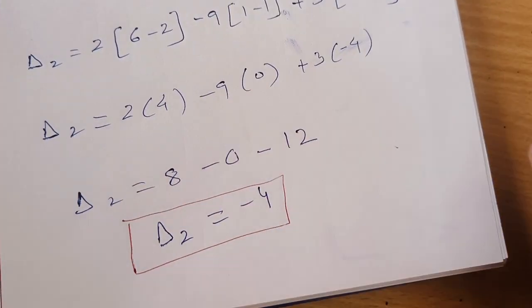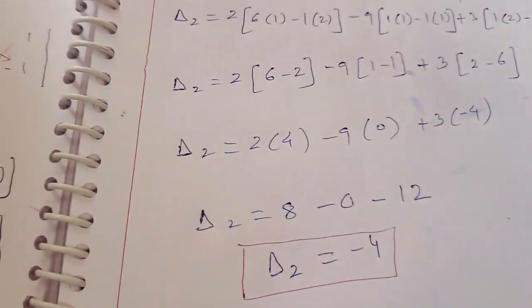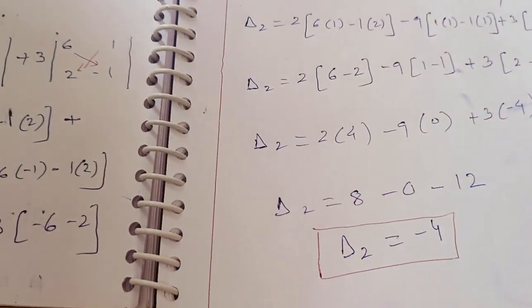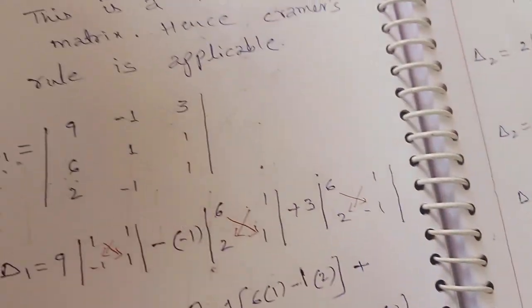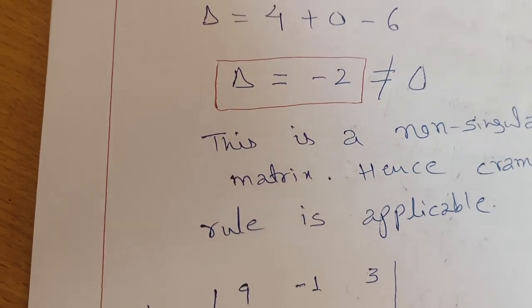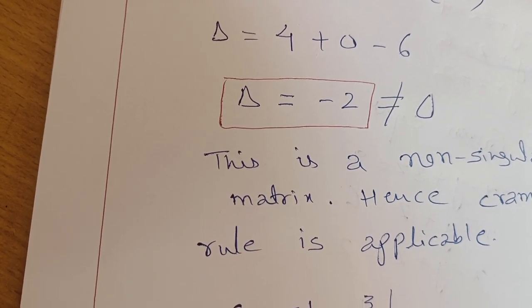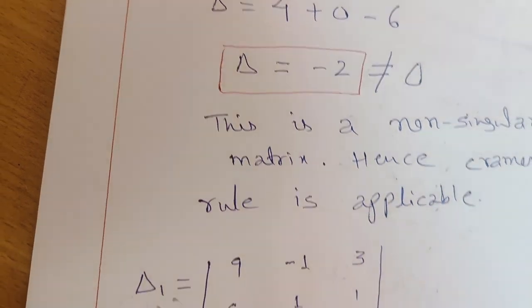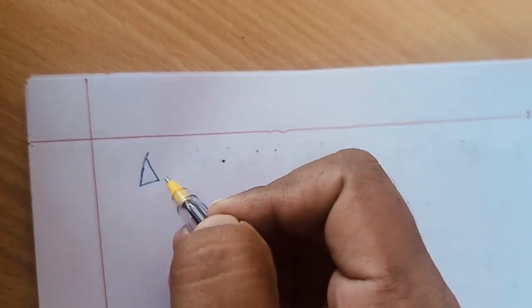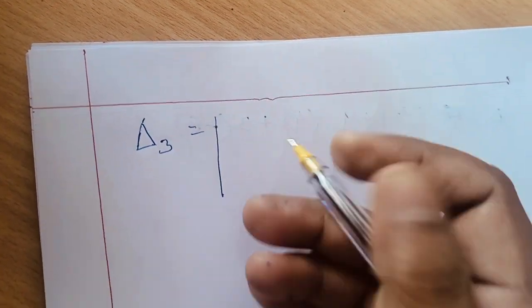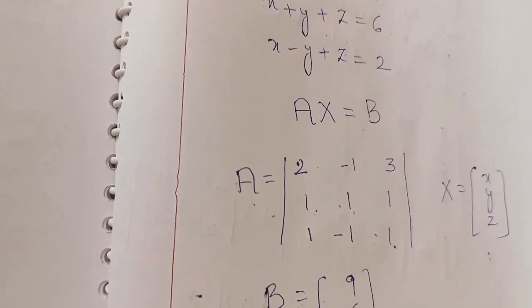Similarly, we have to find out delta 3 by replacing third column by B value. So here we get delta 3 is equal to first column is 2, 1, 1.